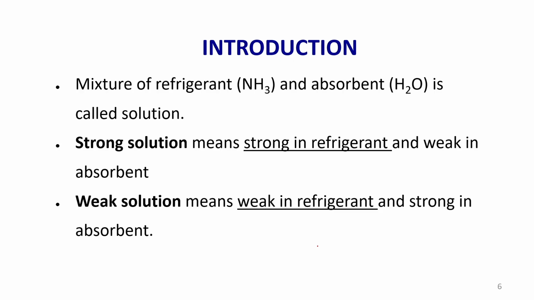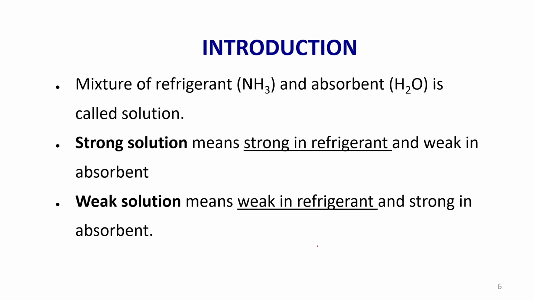Now, we are clear with the term solution. It is a combination of refrigerant and absorbent. Then there are two types of solution. One is strong solution, another one is weak solution. Strong solution is a solution which is strong in refrigerant. If a solution is strong in refrigerant, that means it will be weak in absorbent. A solution cannot be strong in both refrigerant and absorbent.